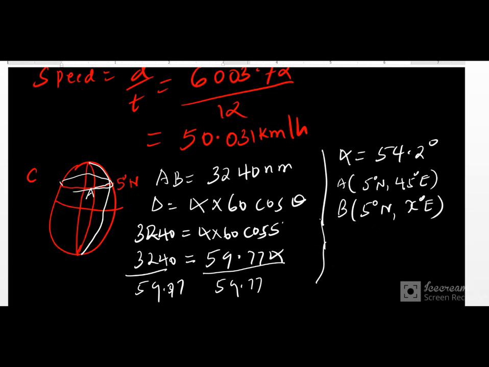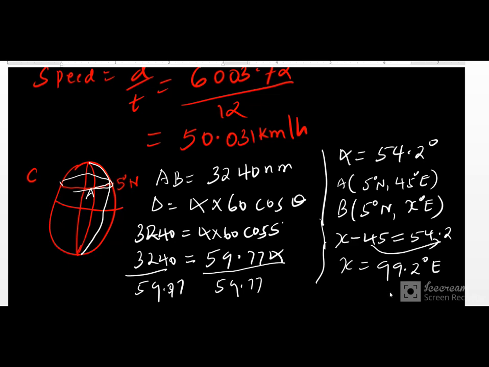But now when the angle difference is 54.2, it means that x minus 45 is equal to 54.2. So x is equal to this, you come here and you add, which is equal to 99.2 degrees east.